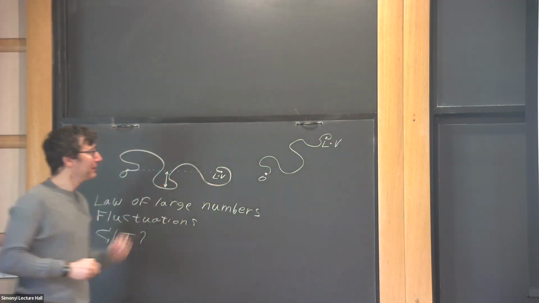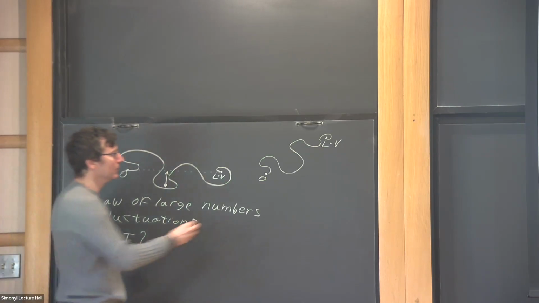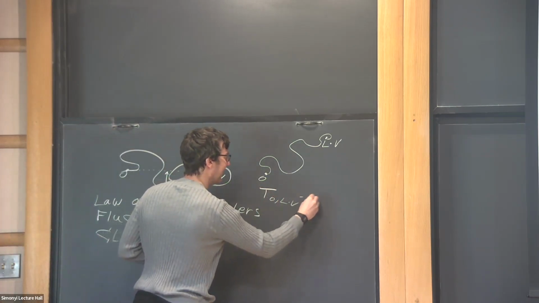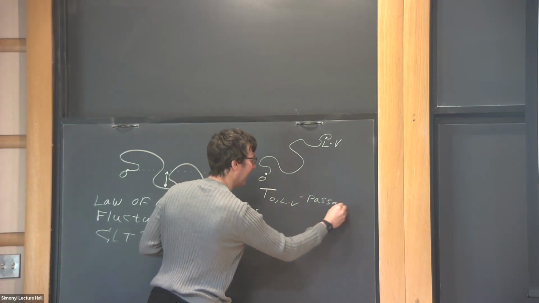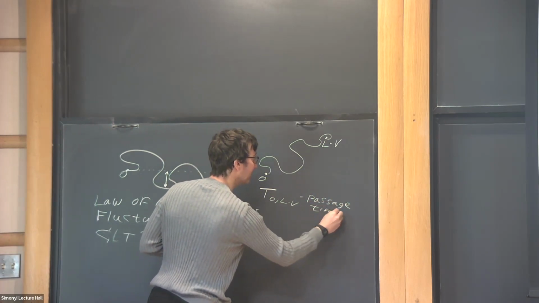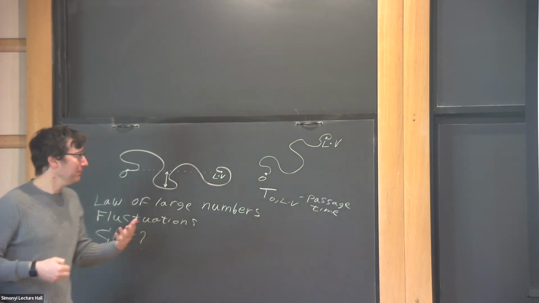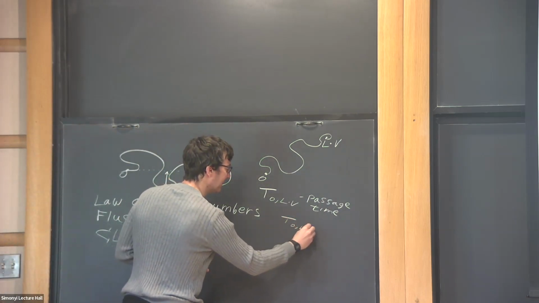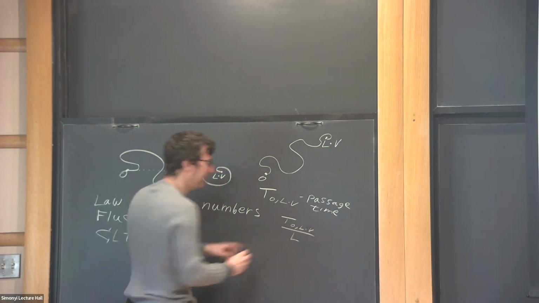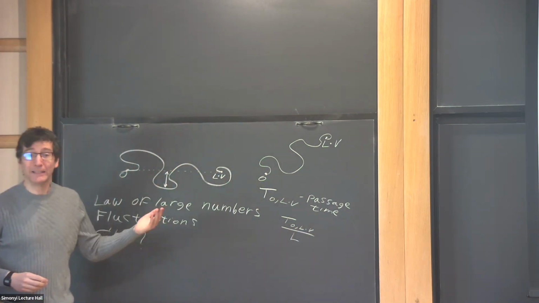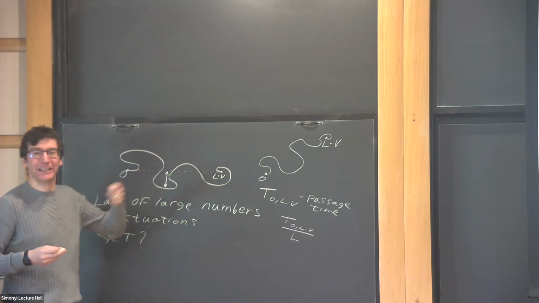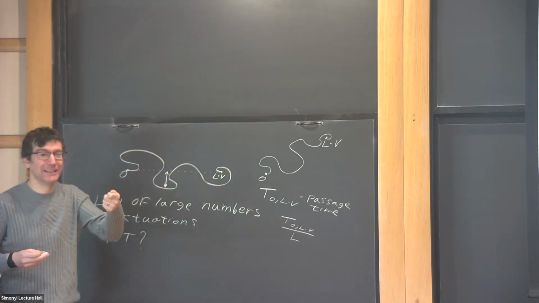So on the level of the law of large numbers, you can look at the passage time, T(0, Lv). That's the length of the minimal path, or the passage time. And you can ask on the level of the law of large numbers, how does that scale? So the law of large numbers would be something like T(0, Lv) divided by L. Indeed, if the weight distribution is uniform in [1, 2], then every edge you use has a weight at least 1, and at most 2.